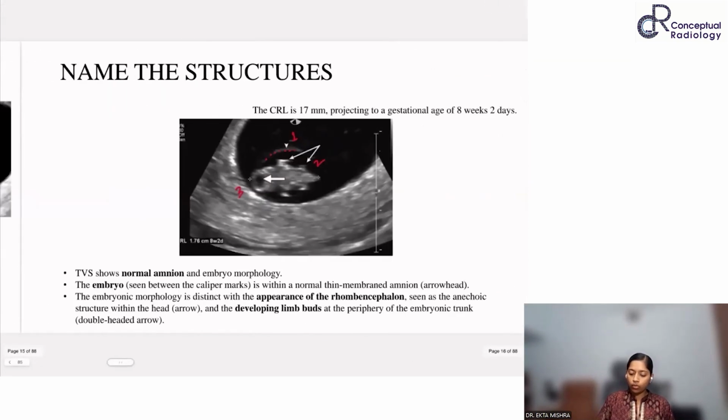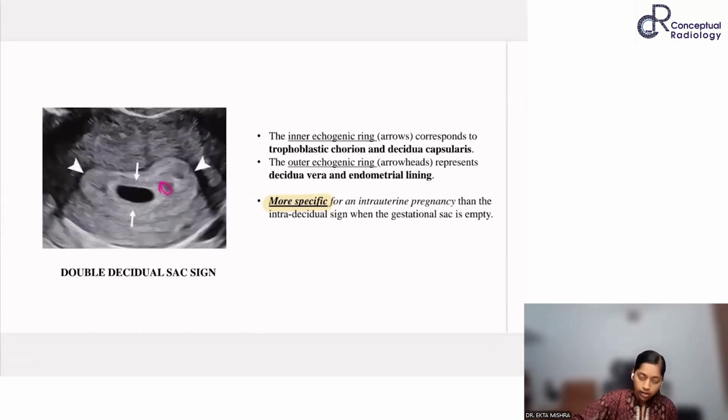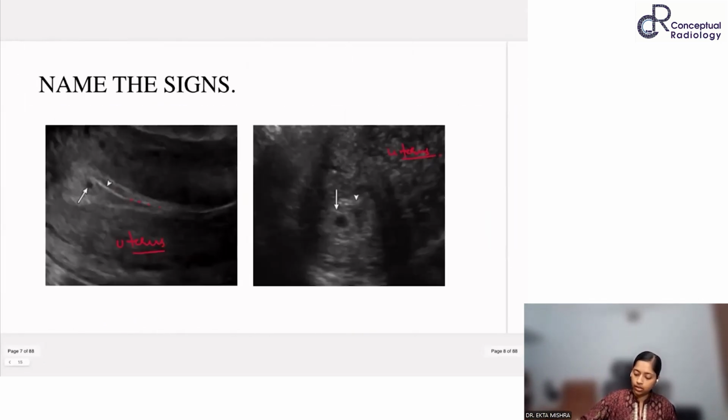In the double decidual sac sign, if somebody is mistaking this for subchorionic hemorrhage, no, this structure is basically not subchorionic hemorrhage. It is the endometrial cavity which is now getting collapsed. It will eventually fuse.